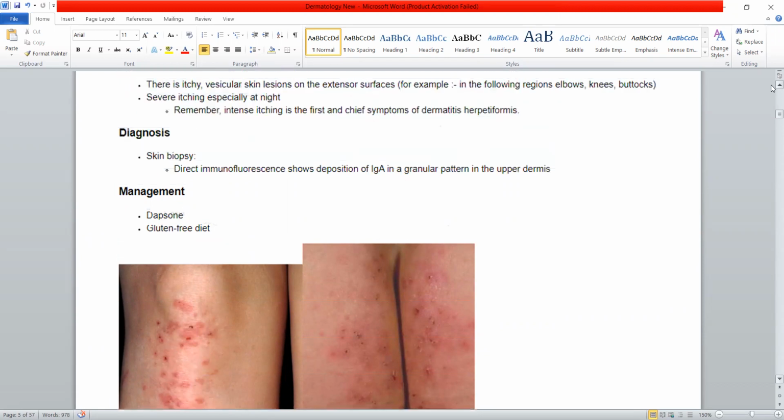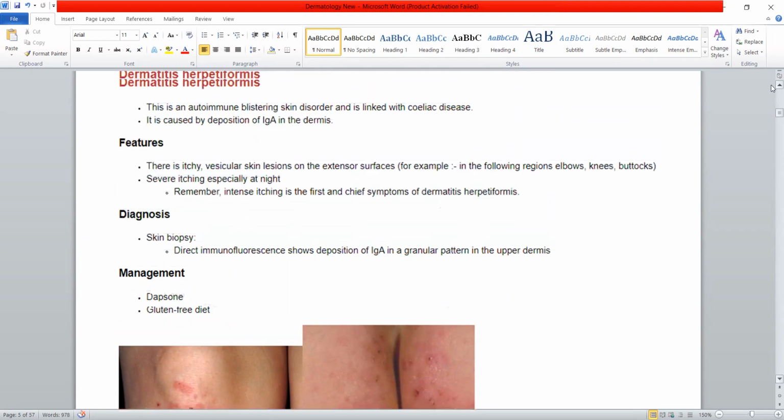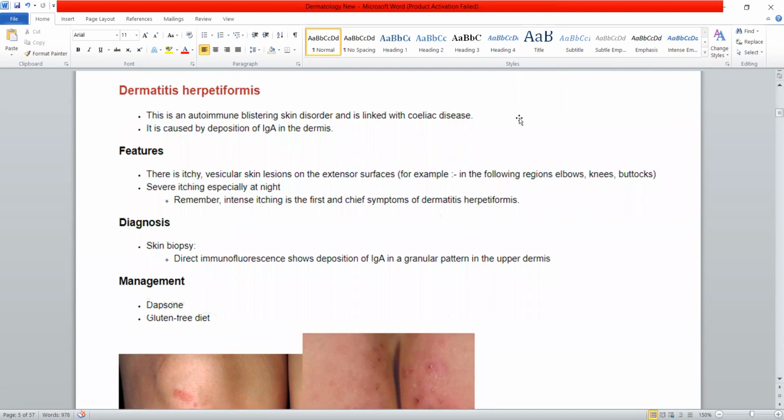In a patient with a history of celiac disease, there is formation of autoantibodies due to a hypersensitivity reaction to gluten. These antibodies are mostly IgA. These IgA antibodies deposit in the dermis and result in the formation of Dermatitis herpetiformis.